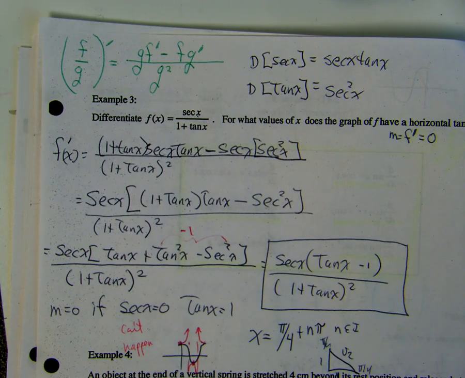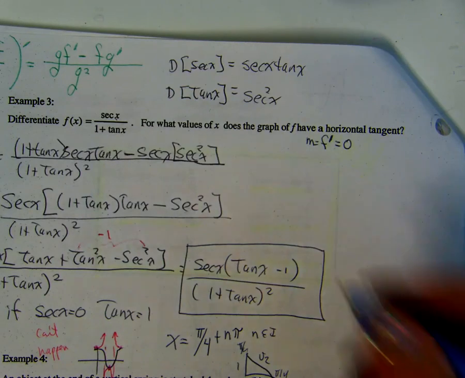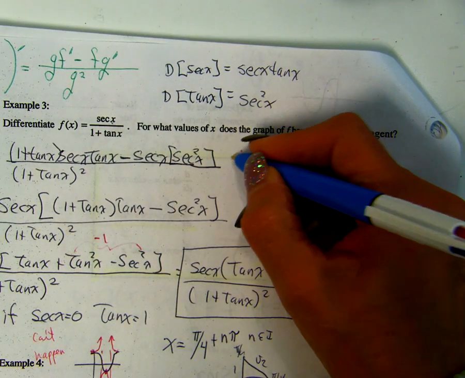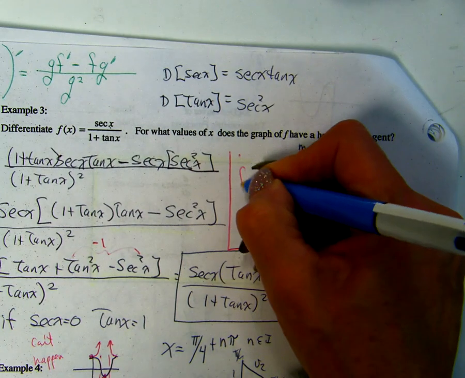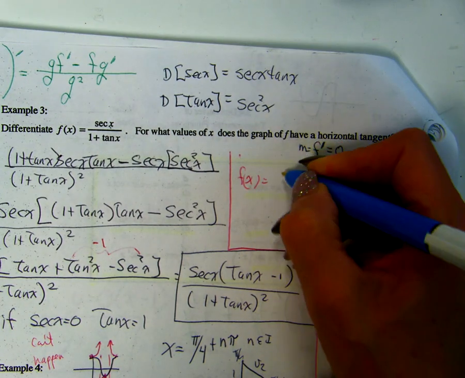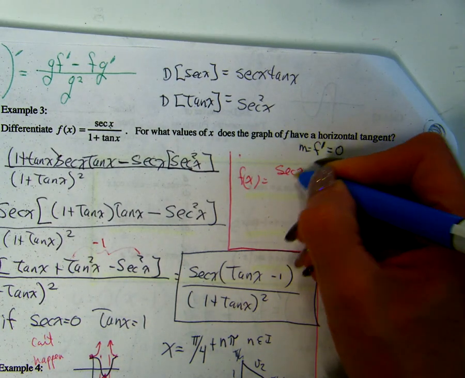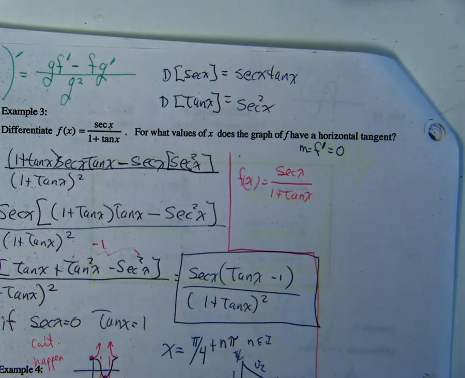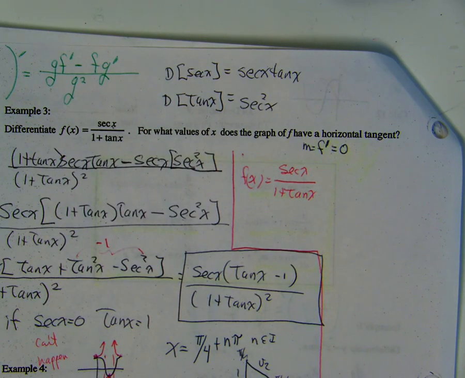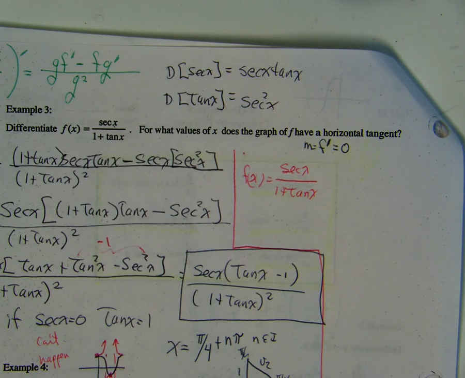Can anybody see an easier way? So f of x is equal to secant x over 1 plus tan x. Does anyone see an easier way to take that derivative? Using trig identities.